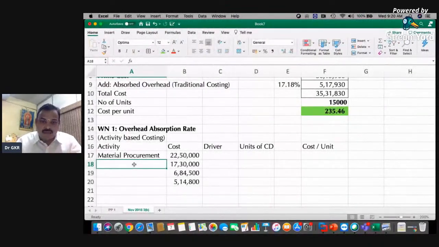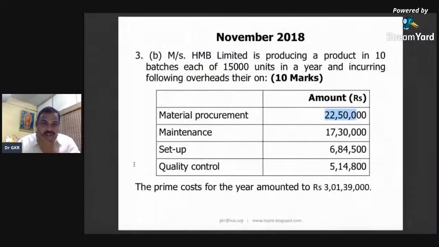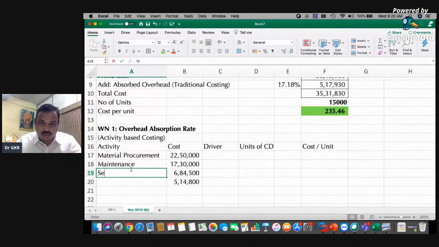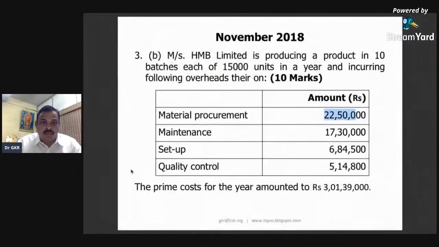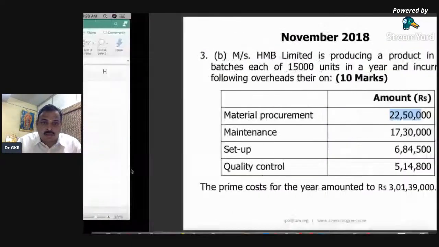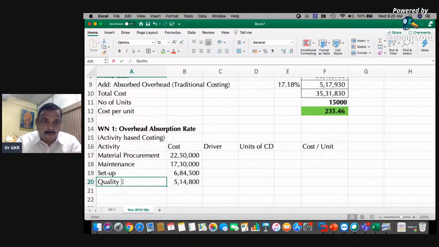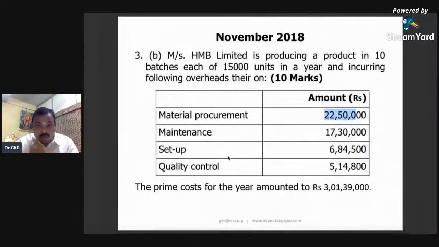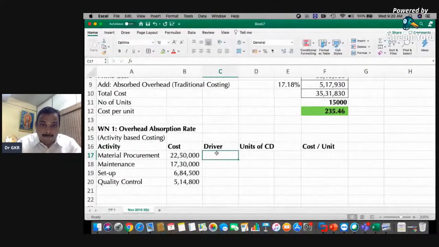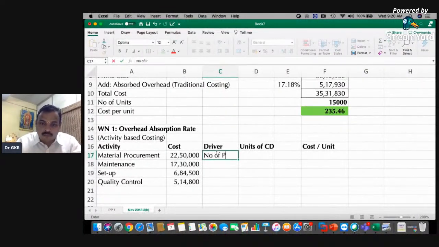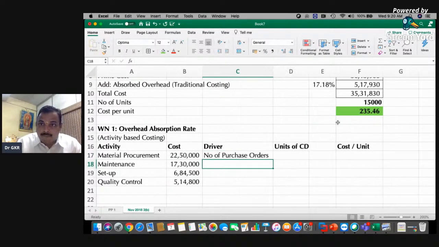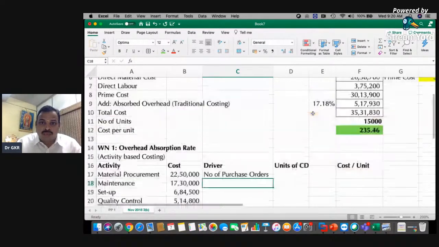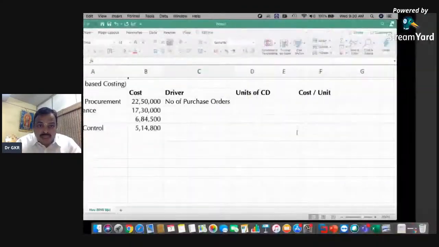Maintenance is the next activity. Setup cost, then machine setup cost or product setup. Quality control. Now this is your cost. What is your driver? Your driver is the number of purchase orders, and maintenance hours.